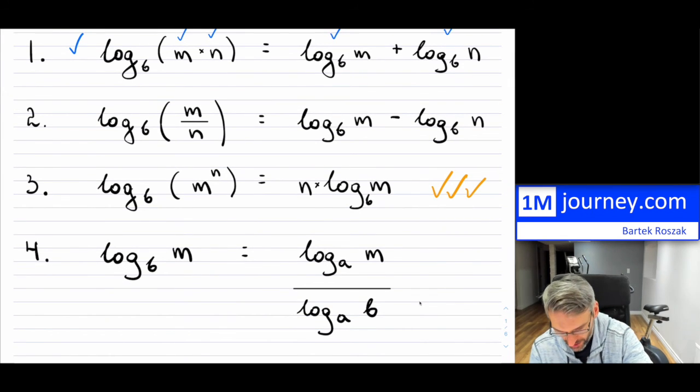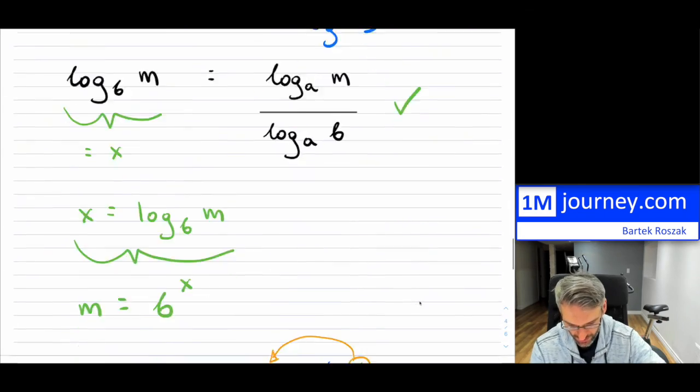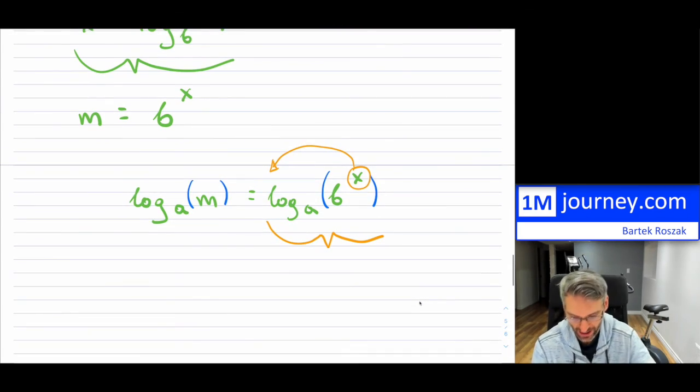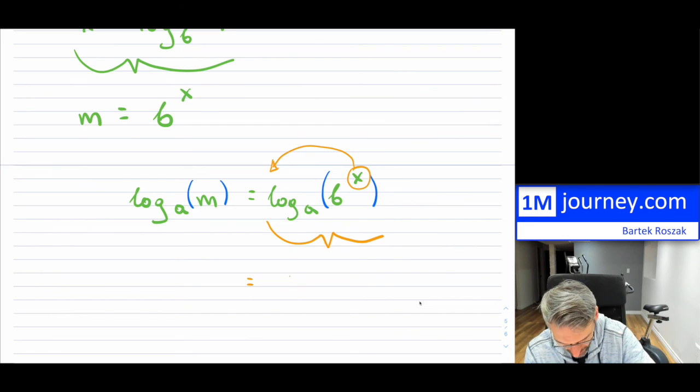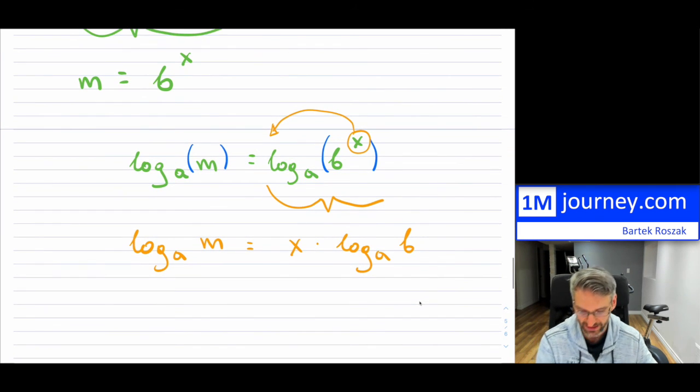So I drop the exponent down to get this. I get x in front, now multiplied by log base a of b. And on the left-hand side, nothing really changes, so I'll leave it as it is.